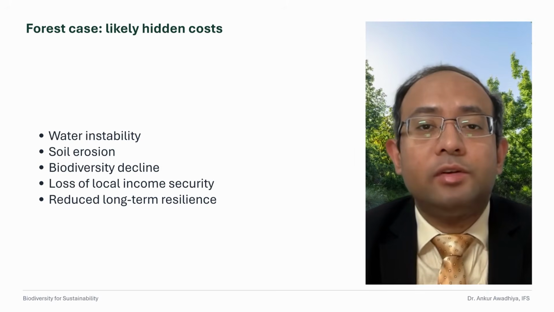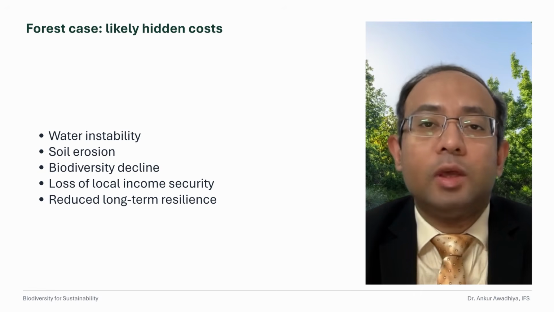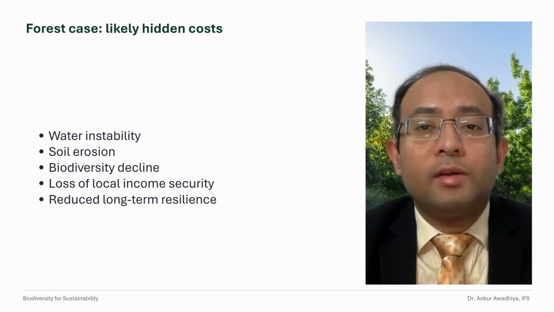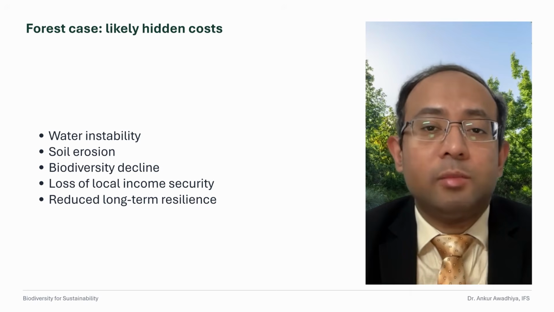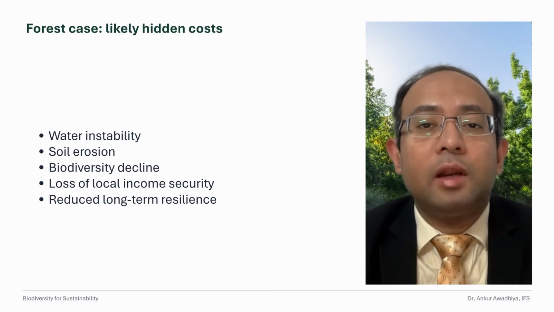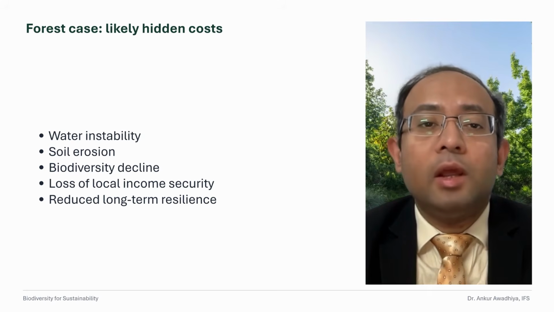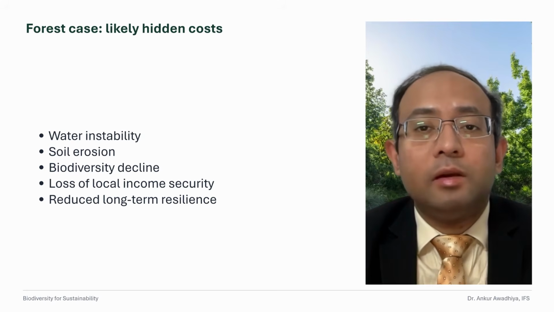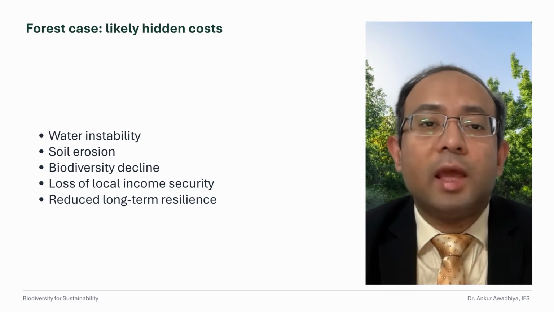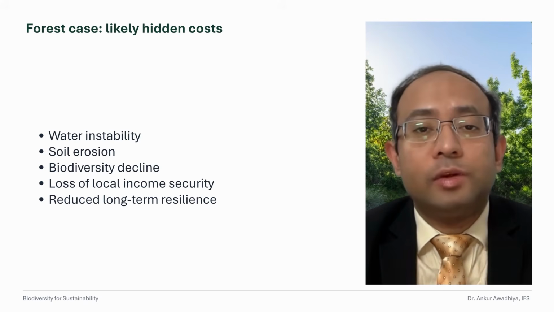If forest decisions are made too narrowly, several hidden costs tend to emerge over time. Water systems can become unstable, soil erosion can increase, biodiversity may decline, reducing the resilience of the whole landscape. Local income security can weaken if direct users lose access, while short-term extraction benefits flow elsewhere.